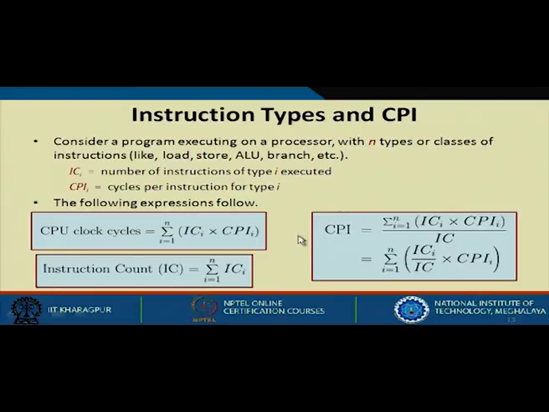And what will be CPI now? CPI will be summation of instruction count and cycles per instruction divided by the total instruction count. So, summation of IC of I divided by IC into CPI. So, this is the fraction of type I instructions executed.